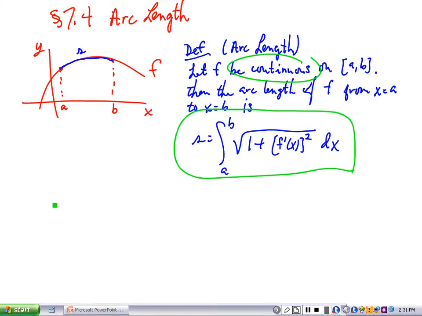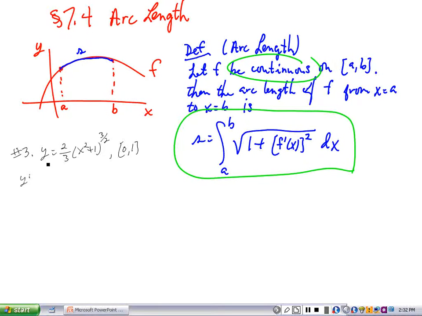Let's take number 3. I'm going to find the arc length of this function, y equal to 2/3 times x squared plus 1 to the 3/2 power on some interval from 0 to 1 when you look at the graph.